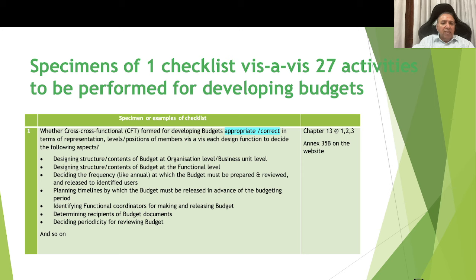Number one, designing structure contents of the budget at the organization level, business unit level, designing structure content of the budget at the function level, deciding the frequency like annual, etc., at which the budget must be prepared and reviewed and released, planning timeliness by which budget must be released in advance of the budgeting period, and identifying functional coordinators for releasing the budget, determining the recipient of the budget documents, deciding periodicity of reviewing the budget. Now these are the checkpoints which are necessary for checking the efficacy of the budget making process.